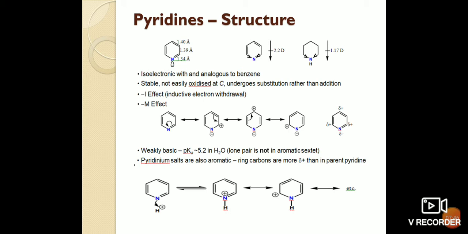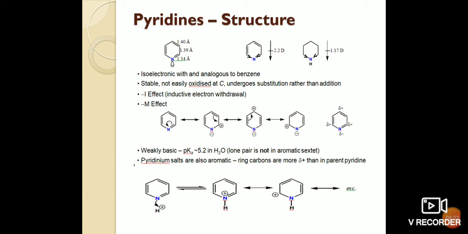Minus I effect, that is inductive electron withdrawal effect, and minus M effect, which is due to the lone pair of electrons present on nitrogen. Here we see the resonating structure in pyridine, which involves the 6 pi electrons of the benzene ring.